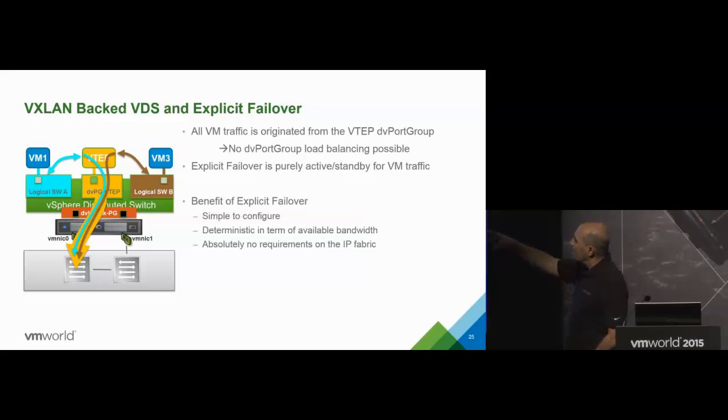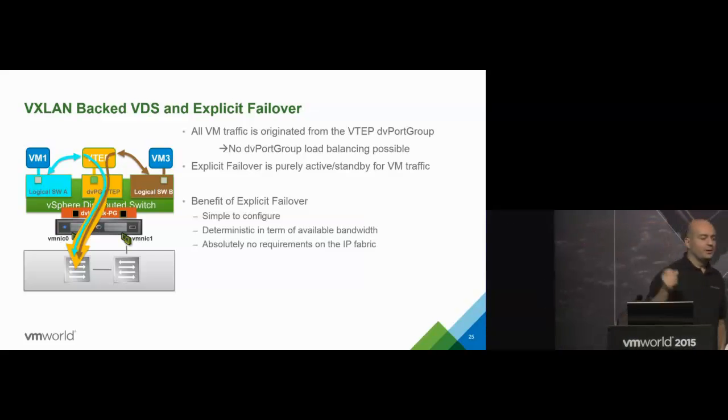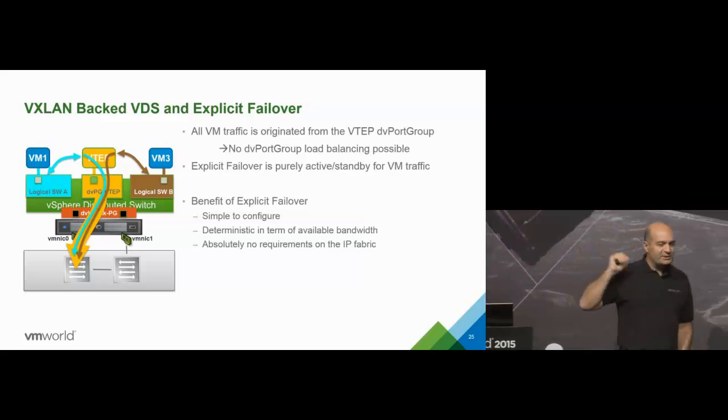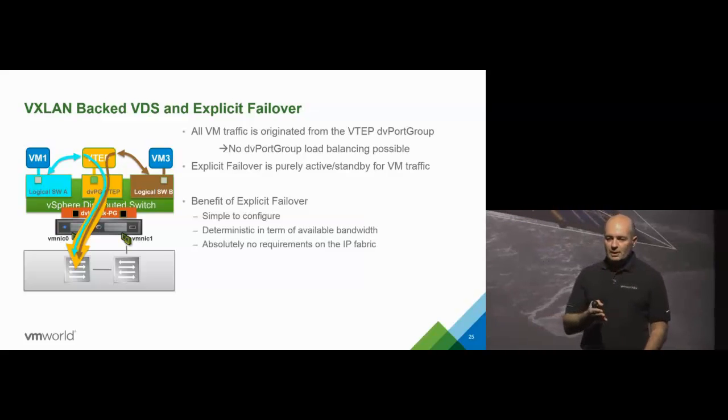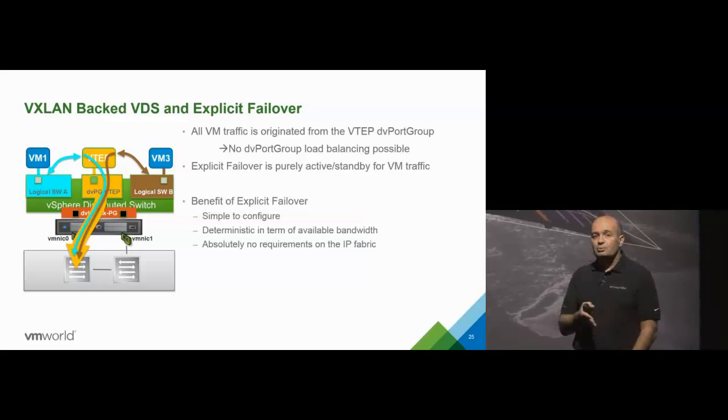The problem is now my traffic is always going to go through a VTEP, which itself is mapped to a single DV port group. Even if I had several VTEPs, they would still be leveraging the same DV port group. So now, if you're pinning your traffic to an uplink based on the DV port group, well, you're always going to use the same uplink.